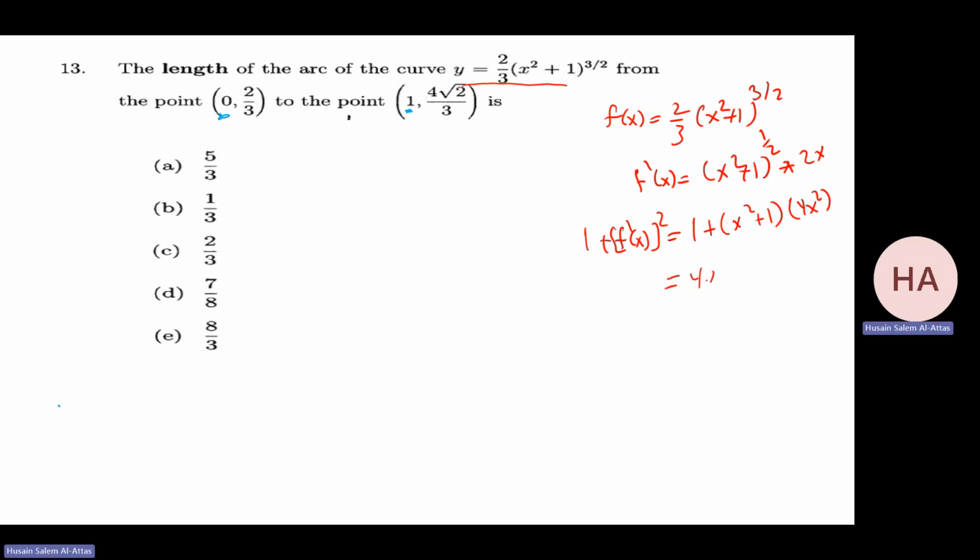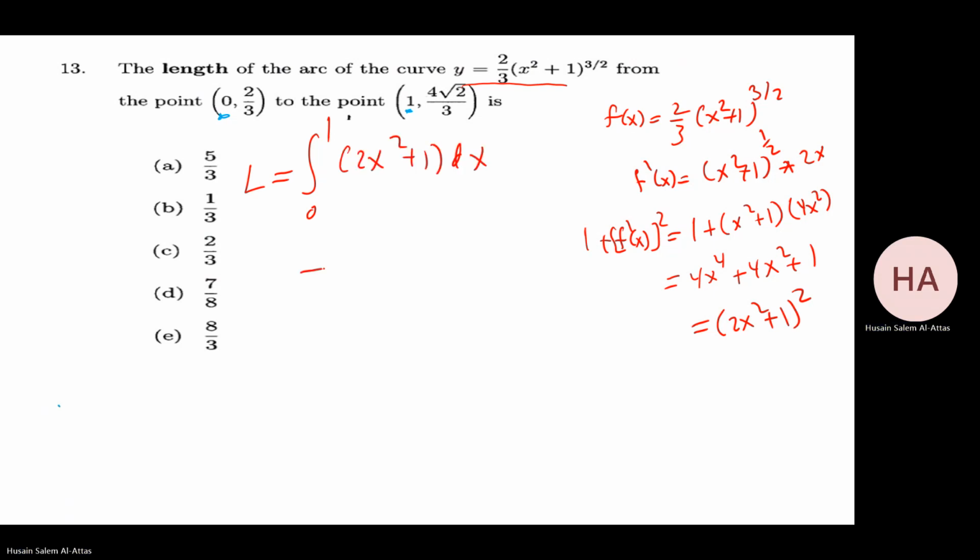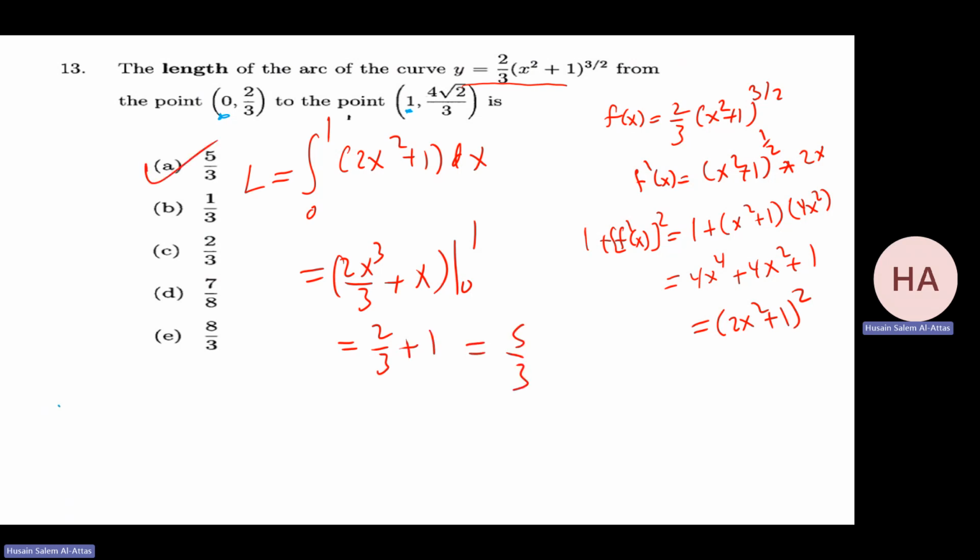That gives me 4x over 4 plus 4x squared plus 1, which is 2x squared plus 1, all squared. So L will be the integral from 0 to 1 of the square root of this, which is this one. That gives me 2x cubed over 3 plus x from 0 to 1. That will be 2 over 3 plus 1, which is 5 over 3, which is this one.